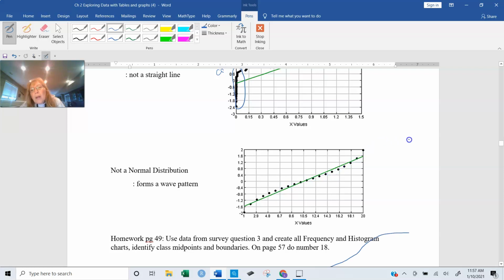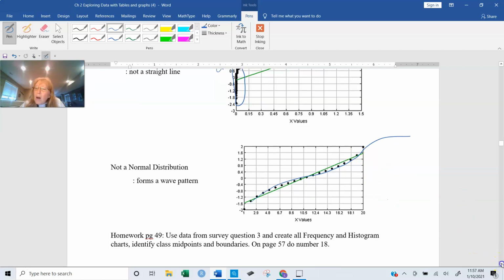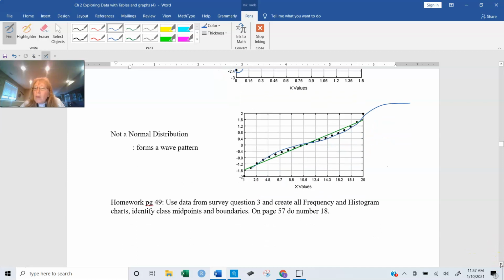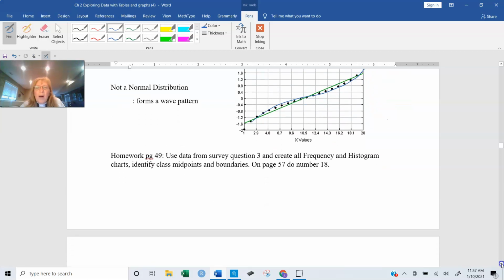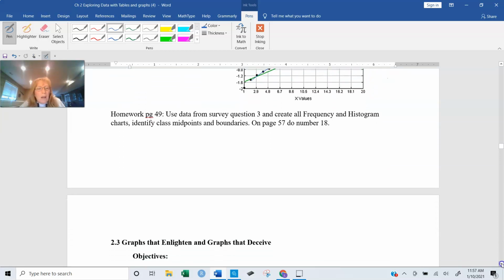Some of you in class, see that sine wave right there? If it's following a wave, it is not a normal distribution, even though it has a high R. So you always have to look at your data on a graph and create it that way. Okay, I hope that helps. Good luck, let's do well, and get your homework done.